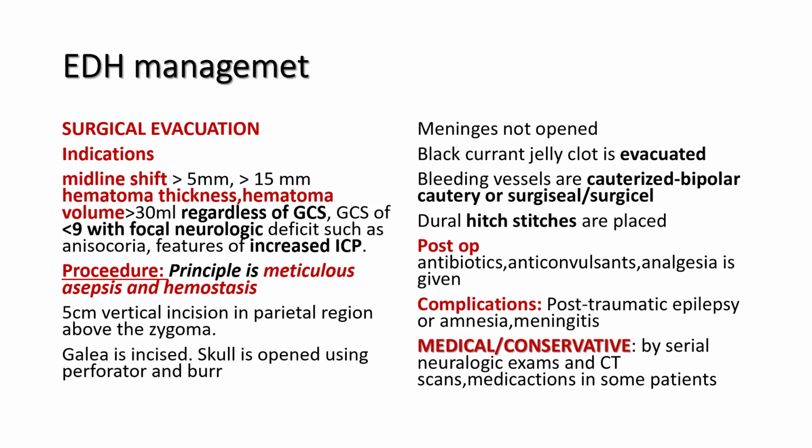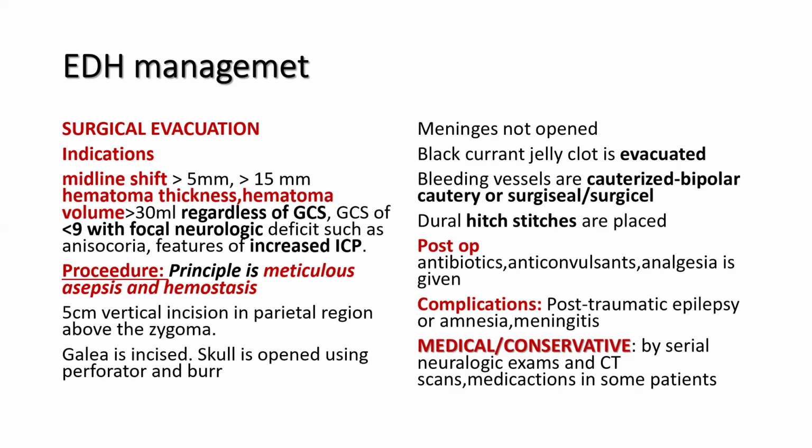There is a substance called Surgicel that you can apply to the bleeding edges of the fracture or the bleeding vessels that you have at the surgical site. So dural hitch stitches are placed, you can close the wound, and your patient is good to go.